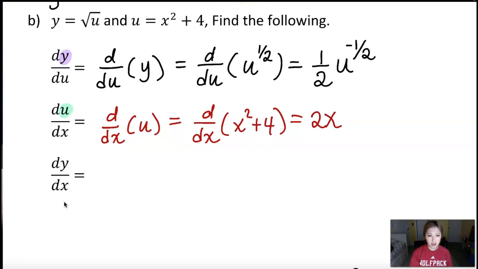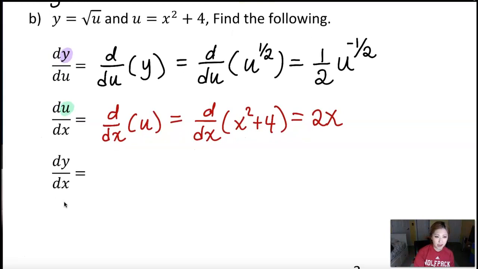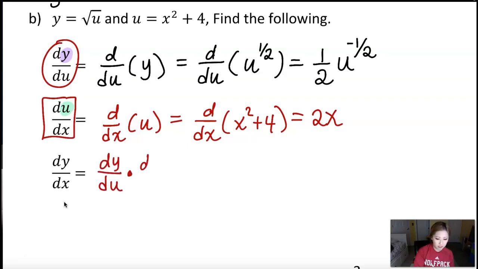So we got that. And finally, when they ask you for dy/dx, you know how to do this. We're going to multiply the answer from the top and the answer from the second part. So if you do dy over du times du over dx, what will happen? If you want to believe this is true, the du's will cancel out, right? Leaving us only with dy over dx, and that's exactly what we want. So let's go ahead and plug in all the pieces that we found. On top, we found dy/du is half times u to the negative 1/2 power.